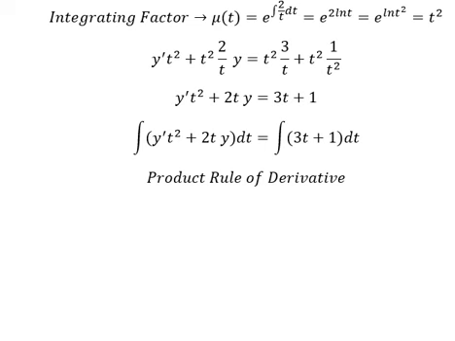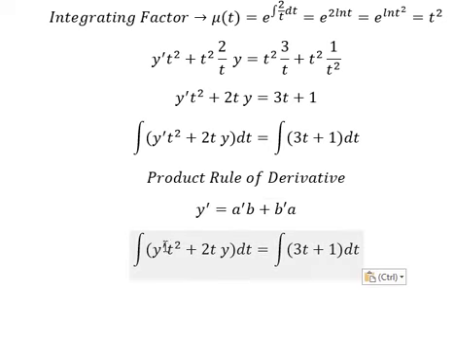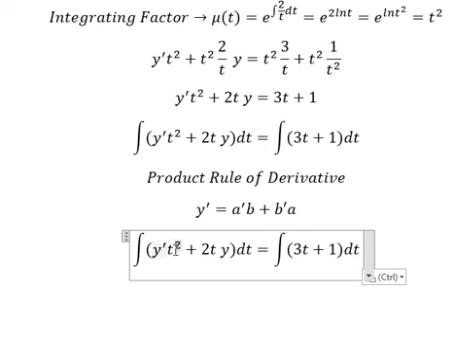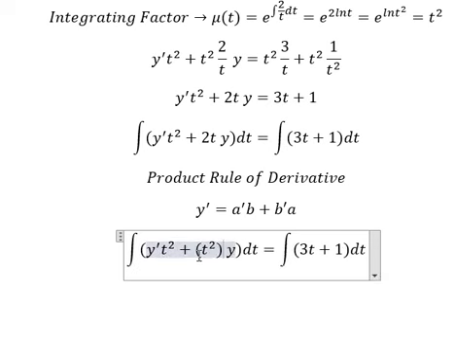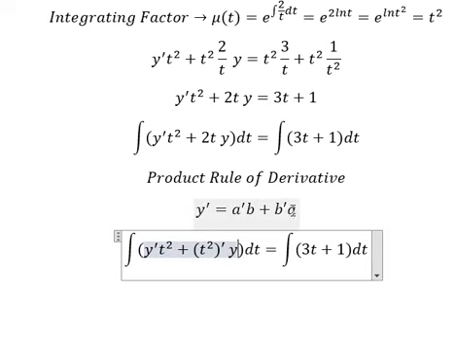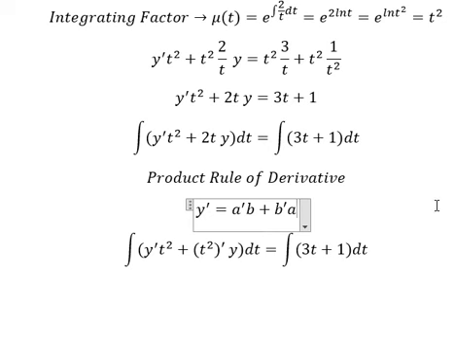So we have the first derivative of y equals the first derivative of a multiplied by b plus the first derivative of b multiplied by a. So the integration of this one, we have y equals ab.